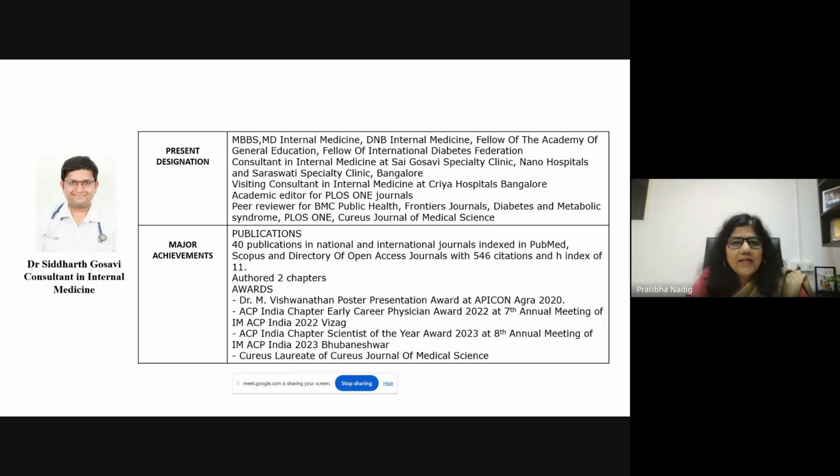And he also visits Nano Hospital, Saraswati Speciality Clinic. He's a visiting consultant in internal medicine at Kriya Hospitals, Bangalore, academic editor for PLOS ONE journals, peer reviewer for BMC Public Health, Frontiers Journals, Diabetes and Metabolic Syndrome, PLOS ONE, Curious Journal of Medical Science.